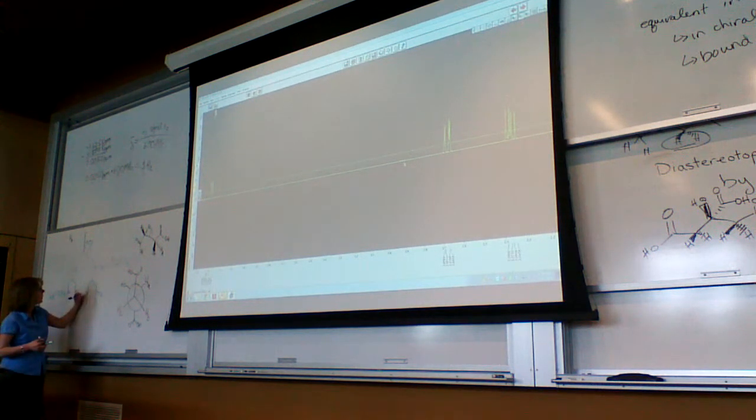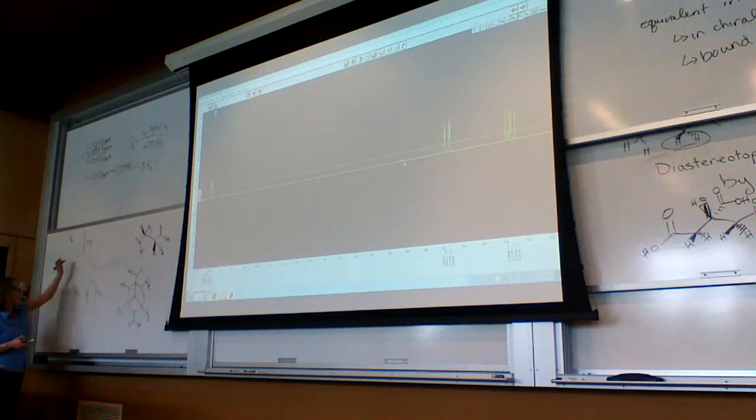So now we have 4 signals, and we are going to call this a doublet of doublets. So it's a doublet that's been split a second time into another doublet, and we call that a doublet of doublets. So the first split, there should be 10 squares. Yeah, about. And then your second one would be 3.